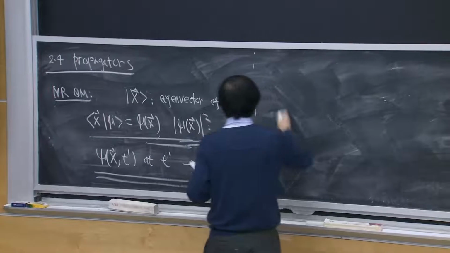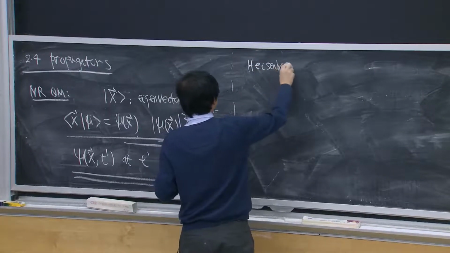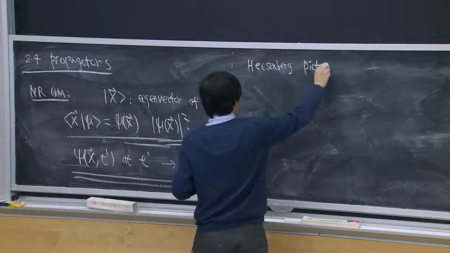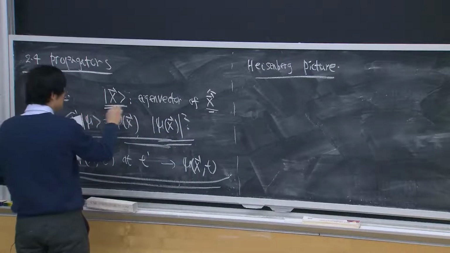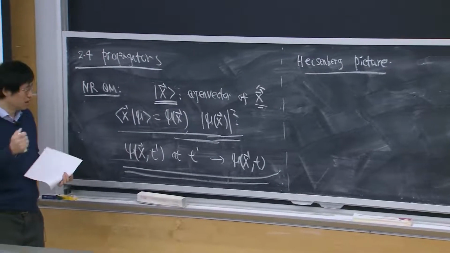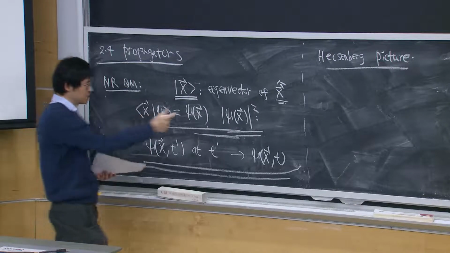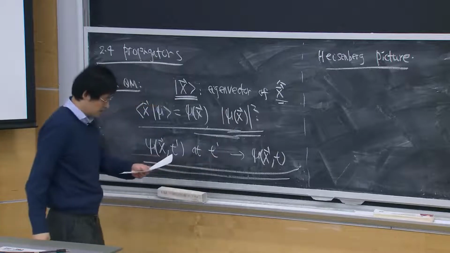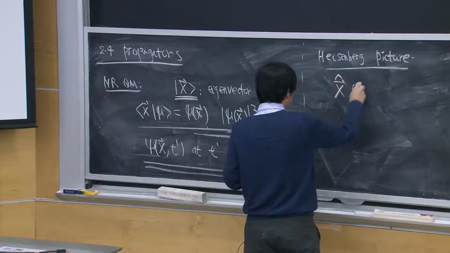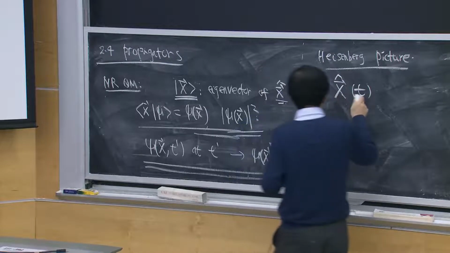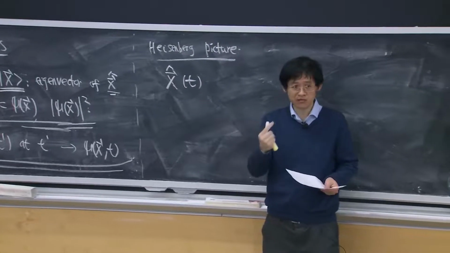Now let's consider this question in the Heisenberg picture. In the Schrodinger picture, there's just one set of eigenvectors for x, for different eigenvalues. But in the Heisenberg picture, the position operator depends on time, so the position operators at different times are different.